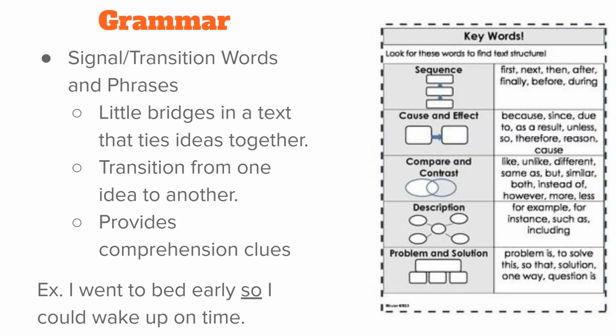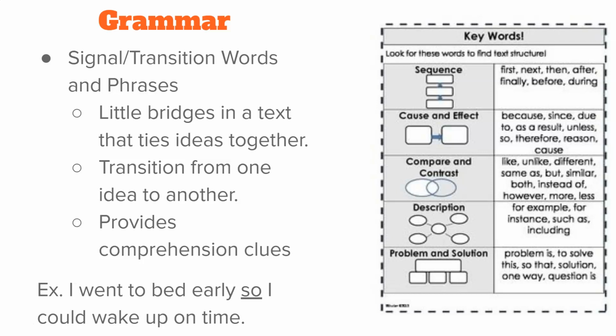So the first grammar strategy that I want to talk about is teaching signal and transition words. Signal words are like little bridges in text, in reading, in writing, even in oral language, that tie ideas together. It transitions one idea to another, and it also provides comprehension clues for students.